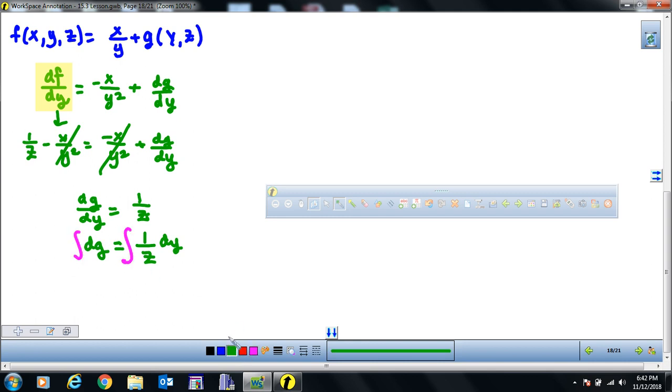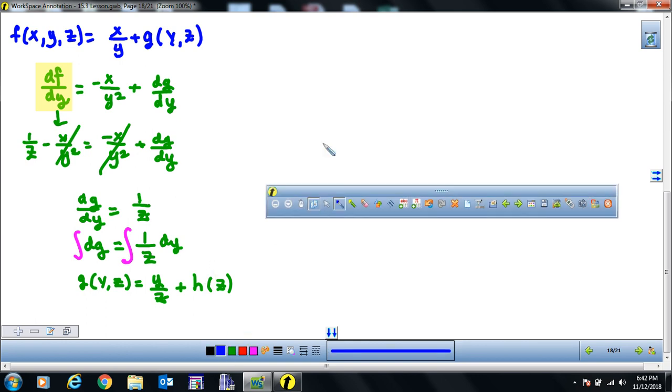Okay? So then g of y and z equals the integration of 1 over z with respect to y, which would be 1 over z times y, or y over z, plus possibly some function in terms of z or some constant. We don't know yet. Okay?